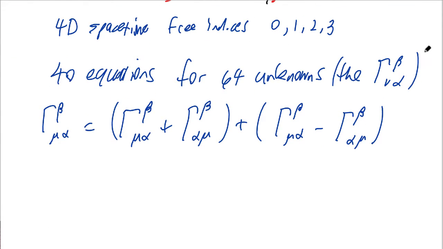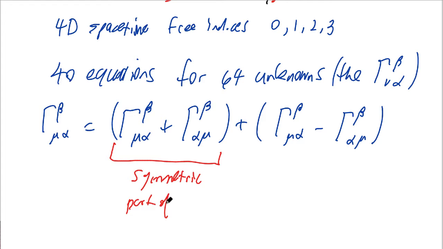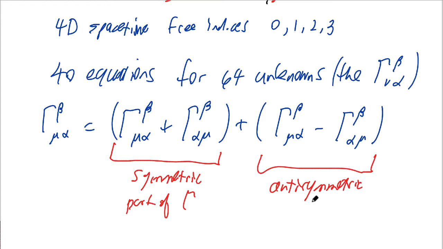Again, I'm just picking a particular value for beta and looking at this as a 4 by 4 matrix in the lower indices. This is explicitly symmetric. So this is the symmetric part of big gamma. And this is antisymmetric, in the sense of a matrix. In terms of these indices, it means that if we swap alpha and mu, then we get an overall minus sign in this expression.